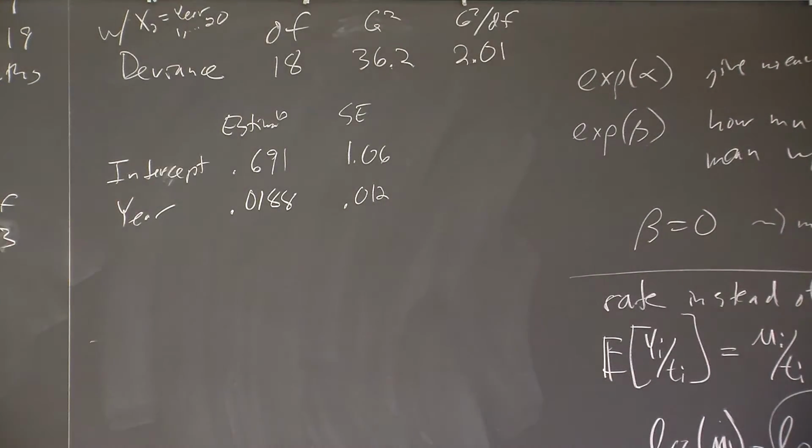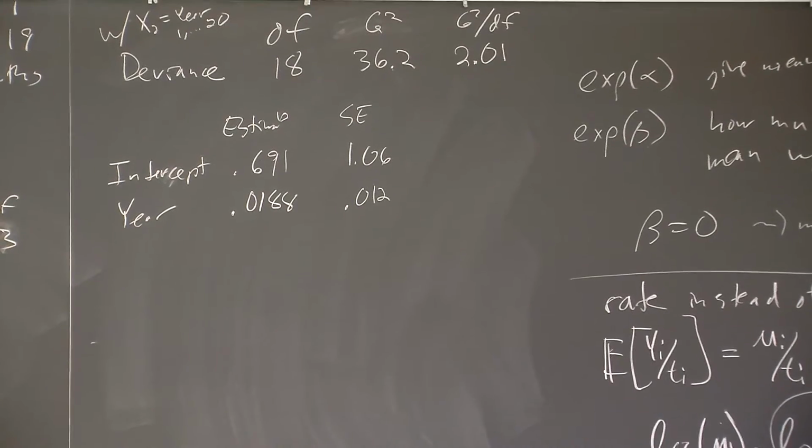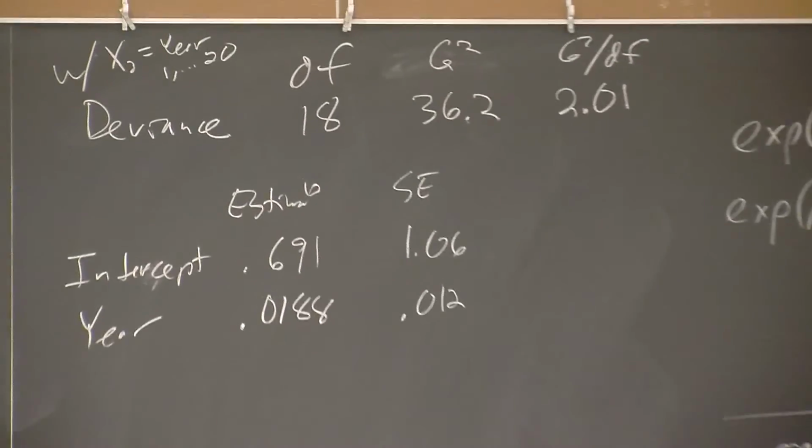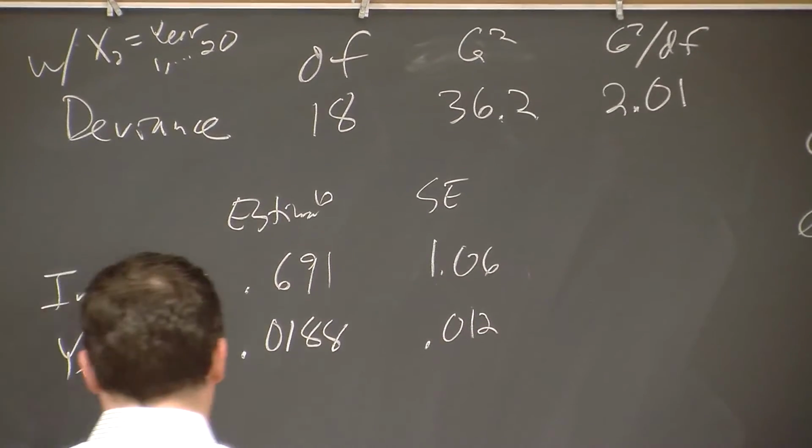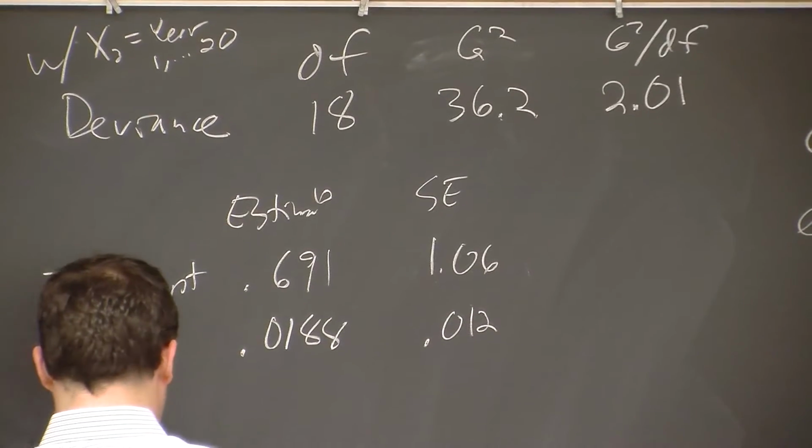So neither of these is so great. And again, we don't have any scale. If you look at the residuals, you'll get something similar that says that adding in year didn't really gain us much. So suppose we forget about that and we say, let's instead estimate a scale parameter.